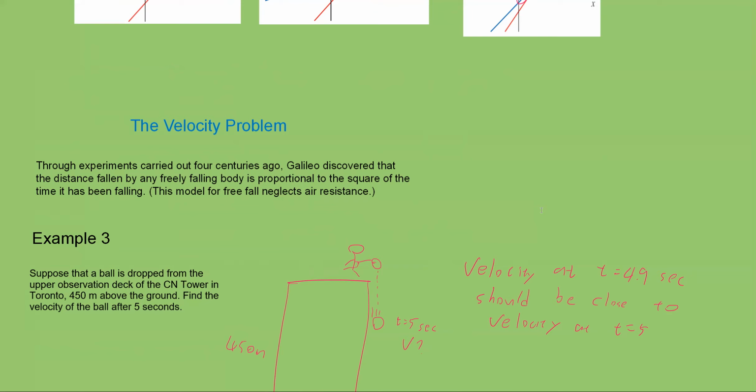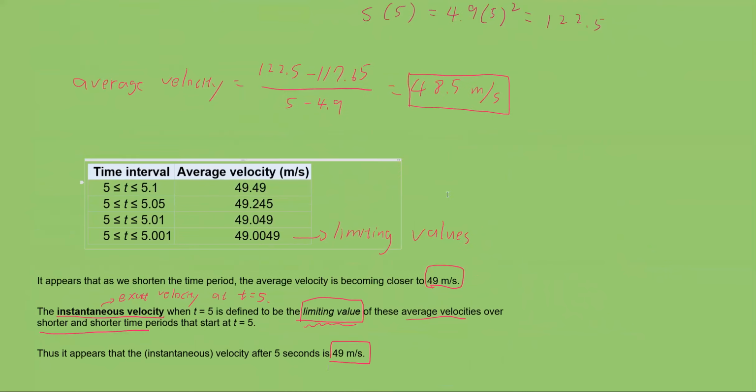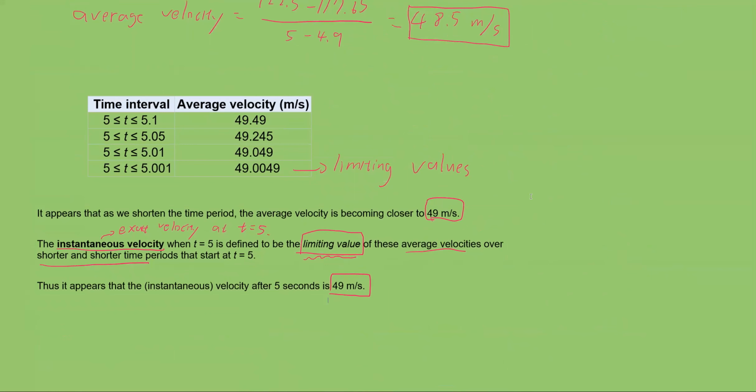But is there a way for us to find the exact value without having to do this many calculations by experiment? The answer is yes, and that is what we're going to see in this class.